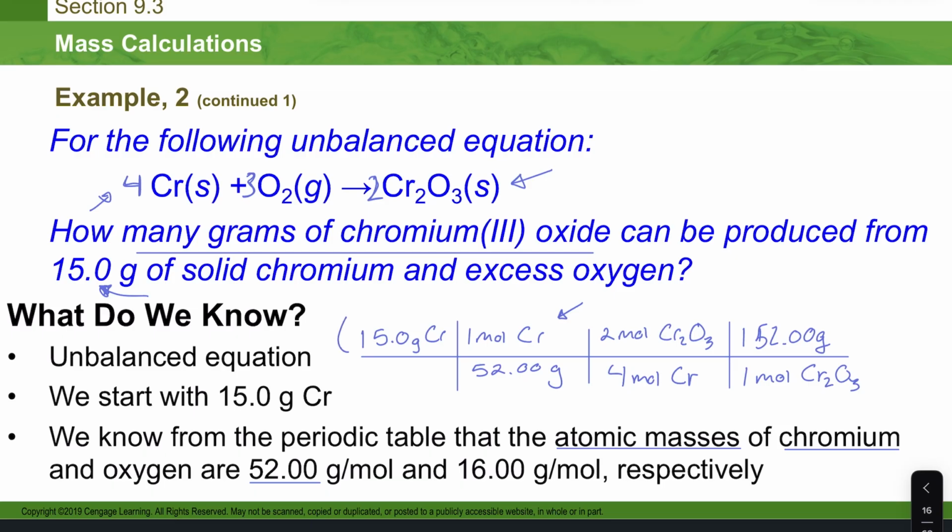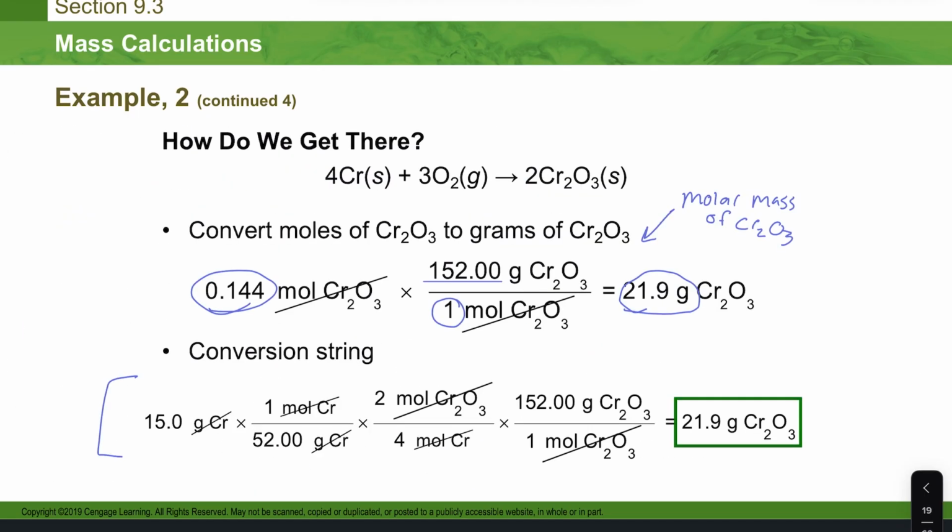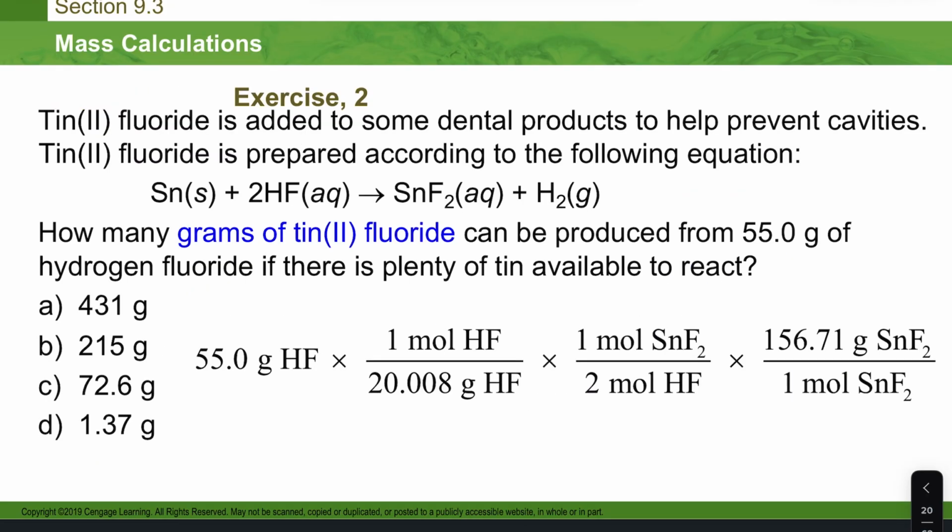And so I will just multiply the top, multiply the bottom, divide the top by the bottom. And you end up with this as your answer, 21.9, with the sig figs being limited by the sig figs that you started with. Okay, go ahead and try this one on your own, and then I will show you how it is done.